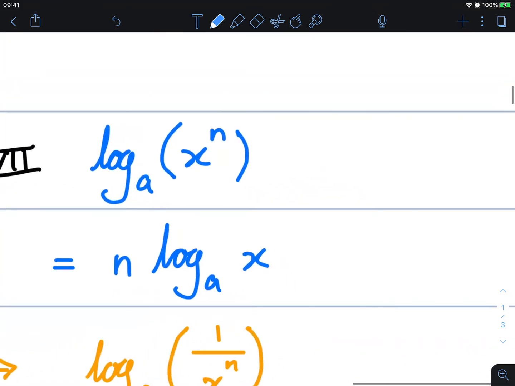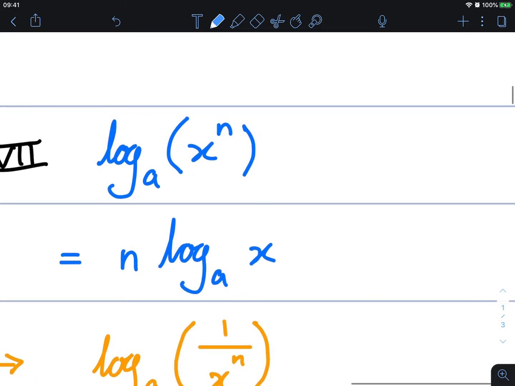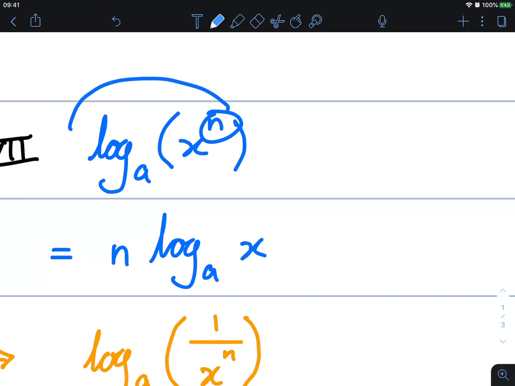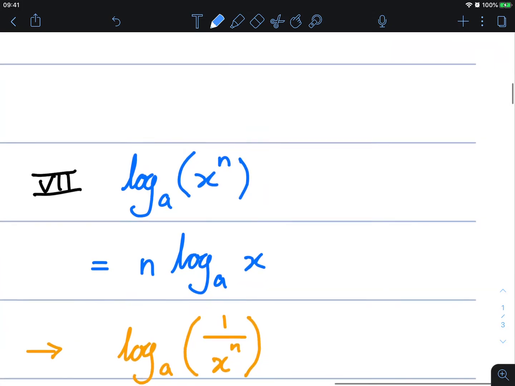And lastly, if we have log base a of any number to some other power, it's the same as moving that power to be the coefficient of the whole thing. This one's a little bit more confusing. I'll do an example here.